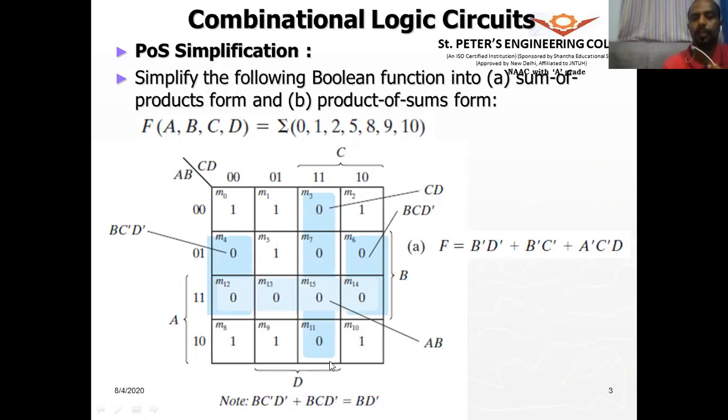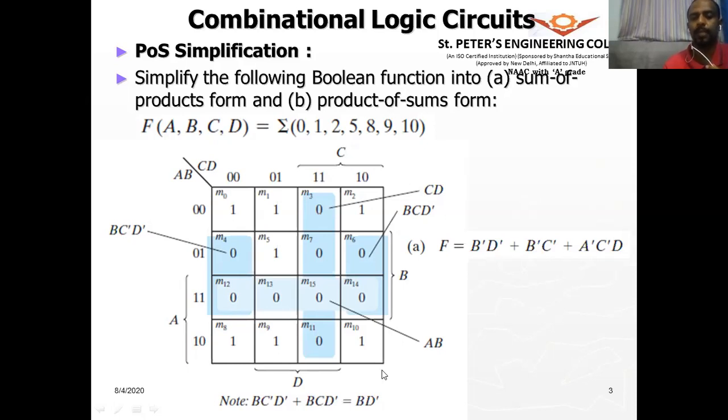Similarly, for these four, we end up with AB because A and B are 1 1, and C and D are changing values, so C and D will be eliminated. So the group of these four zeros will result in AB, and the group of these four zeros will result in CD.